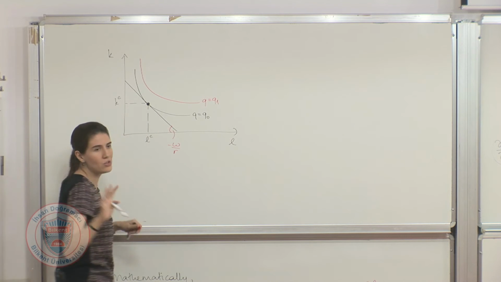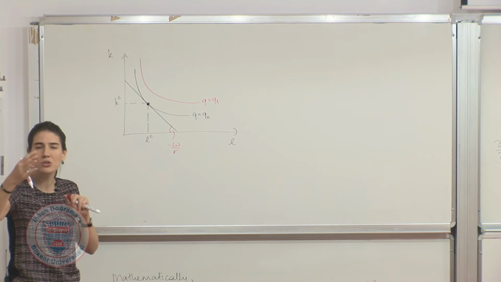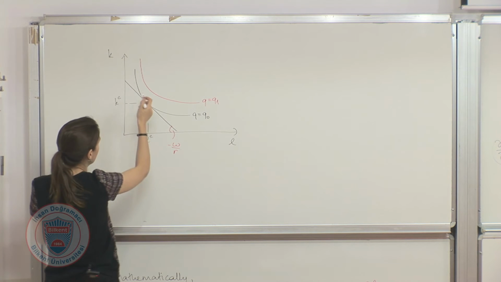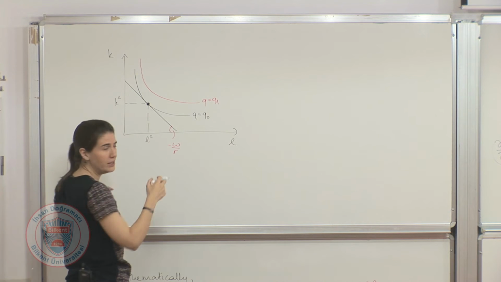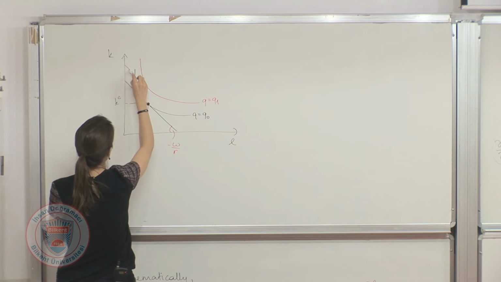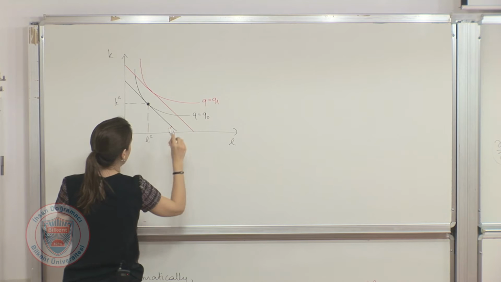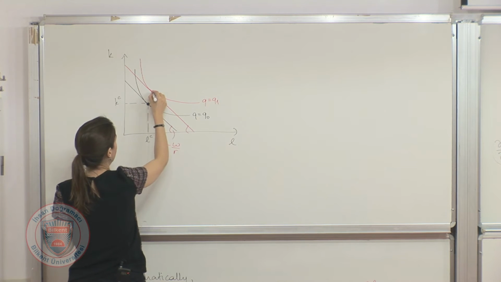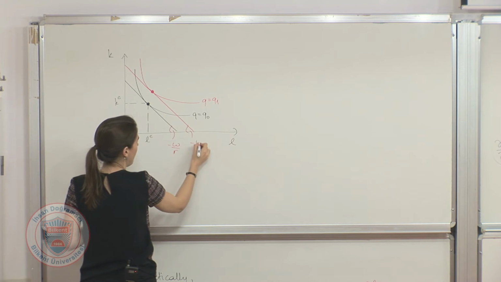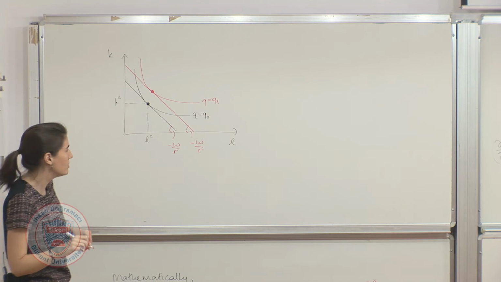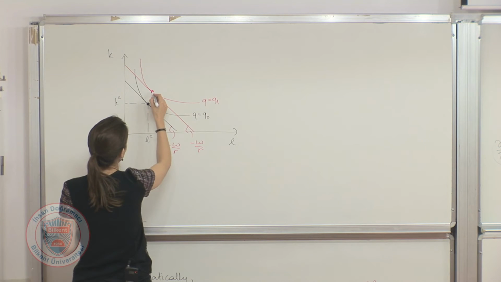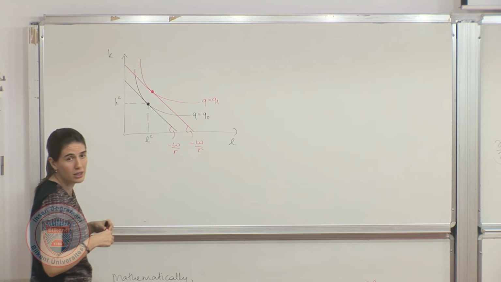Then suppose the wage over R doesn't change, but I want to produce more. Then of course my costs will be higher. So let's say my new optimal point would be here. What is the slope of this line? The same, minus wage over R. So this new optimal point is here.